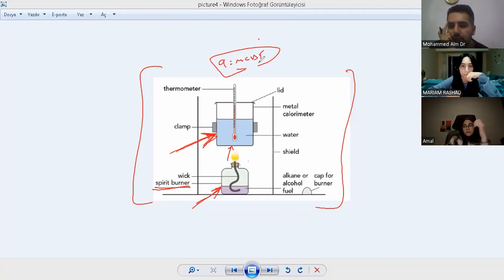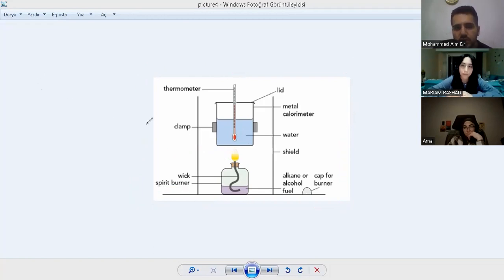Let's take an example, guys, to understand what's going on. We used 100 grams of water. I put 100 grams of water in here. And the mass of the spirit burner before using it was 86.27.